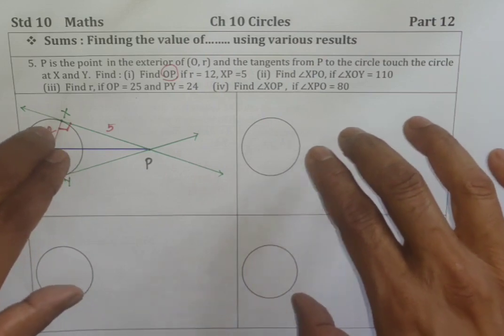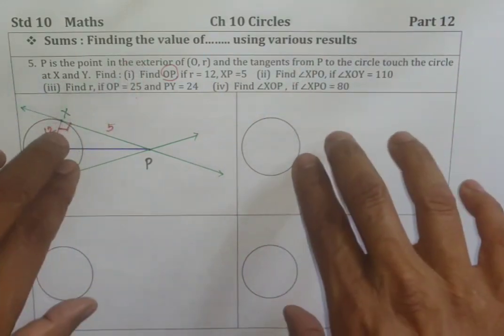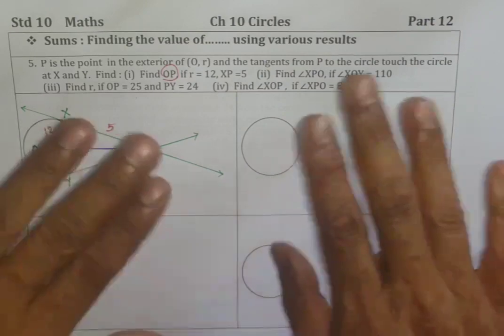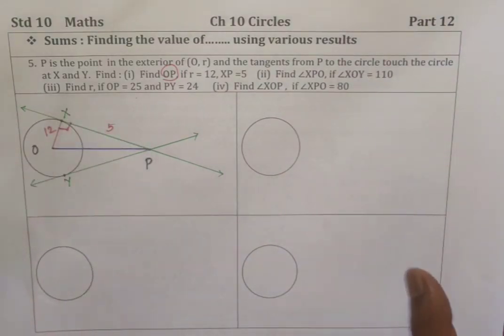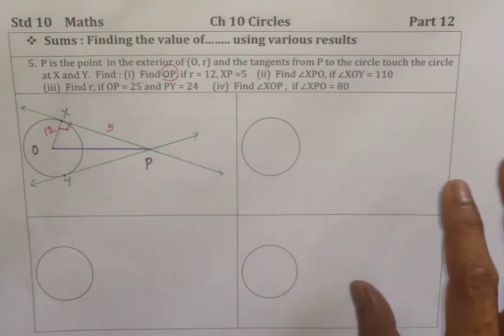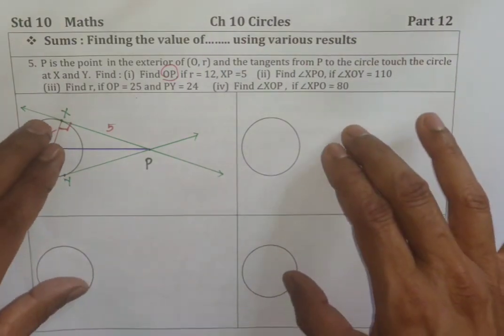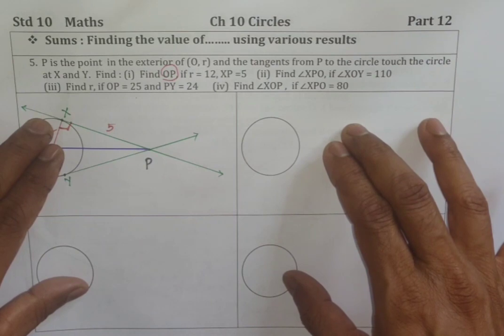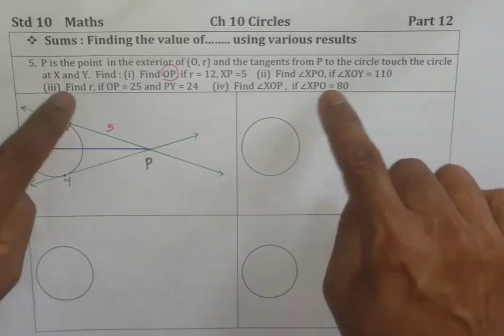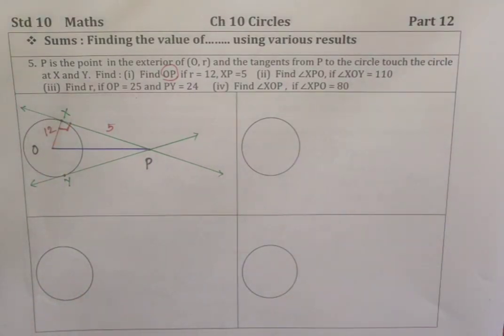Earlier I explained. Here 4 questions are asked, so I have drawn 4 different figures, but you don't need to do that. You can do it with just one figure. For a teacher, for giving you a better explanation, I have drawn 4 figures here. The sum is one, 4 questions are there, so the figure would also be one.